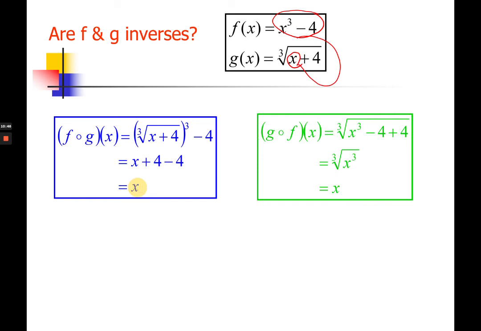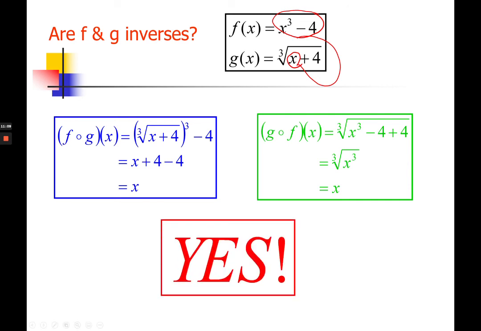If you have x, then they are inverse of each other as a result. If the result is 2x, 3x, or x plus 1, x plus 2, x minus 2, x minus 3, not just simple 1x, then they are not inverse of each other. Okay? So, therefore, the given functions f and g are inverse of each other.